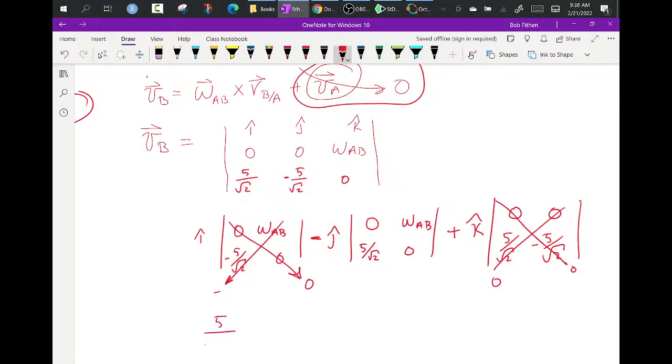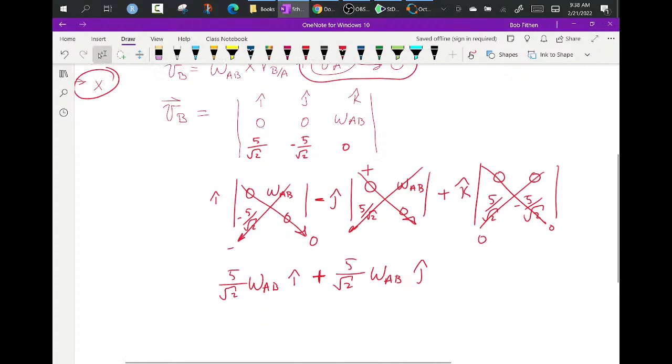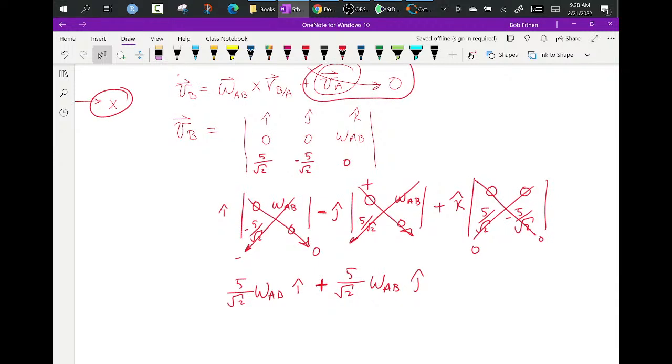So it's 5 over square root of 2 omega AB I plus, and then a minus component there, which is minus, but it's already a minus, 5 J. And so if you stop for a moment, this is true, this is velocity B, but technically this is the velocity of B as if you were fixed on A. Well, it turns out A is already fixed.